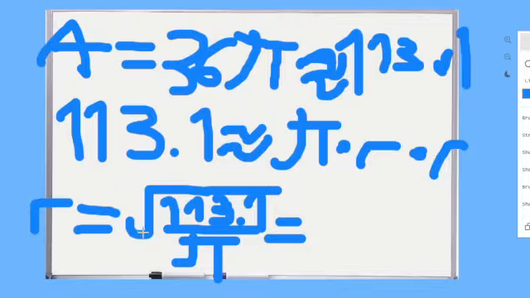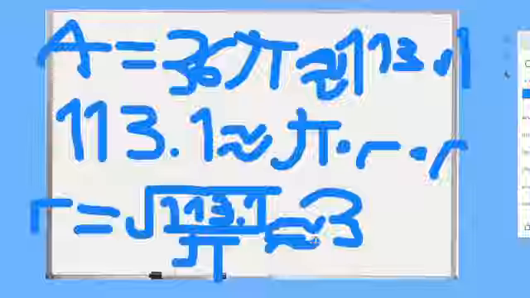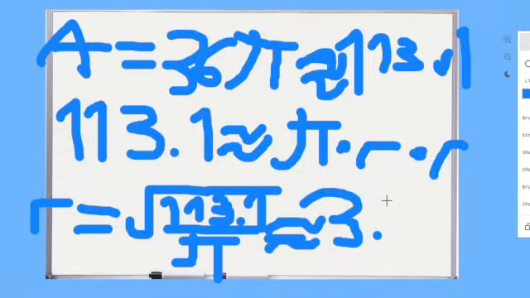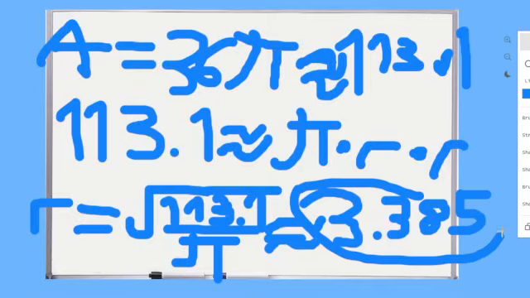It's equal to the square root of 113.1 divided by pi, which means the radius is roughly equal to 3.385. And that's your answer.